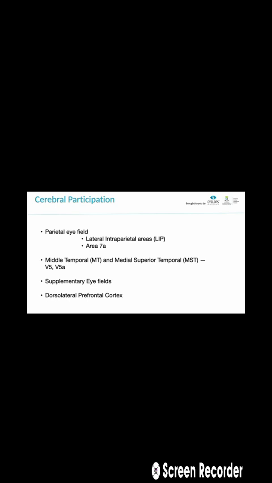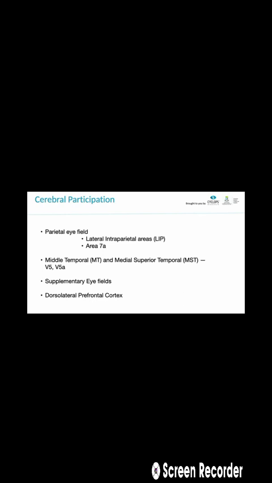So there are four areas of the cortex: the parietal eye fields, the temporal eye fields like the middle temporal and the medial superior temporal, the supplementary eye fields and the dorsolateral prefrontal cortex. If you notice, there is participation of the frontal lobe, the temporal lobe and the parietal lobe. The occipital lobe is not involved here.